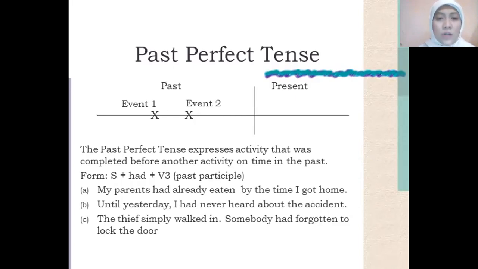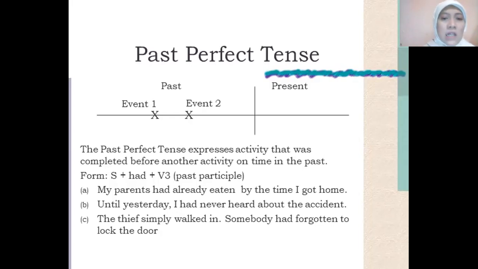My parents had already eaten by the time I got home. Example B, subject I, and then had and the verb 3, heard. Until yesterday, I had never heard about the accident. Actually, the adverb never shows negative meaning. Yeah, it's similar to I had not ever heard about the accident.